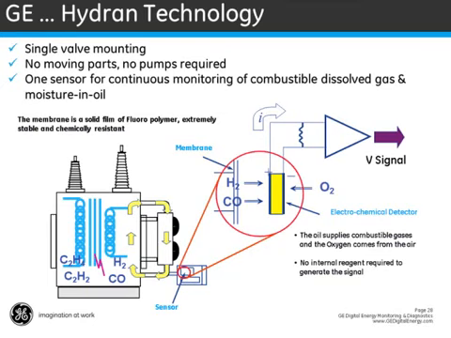The gases present in the oil, predominantly hydrogen and CO, will diffuse through the membrane and reach the electrochemical sensor, where the gases will chemically react with oxygen, which is coming from the ambient air outside the sensor. This will generate a small electrical current, which is proportional to the concentration of the gases in the oil. The electrical circuit will measure the current, compute, and display the gas concentration in ppm.